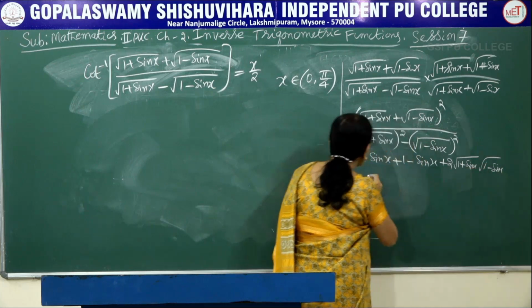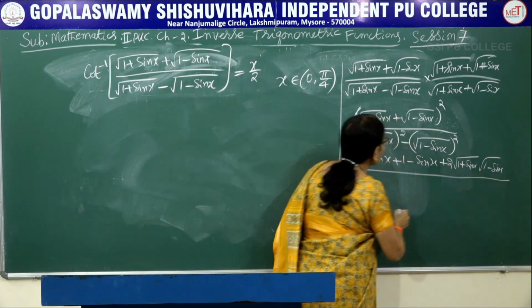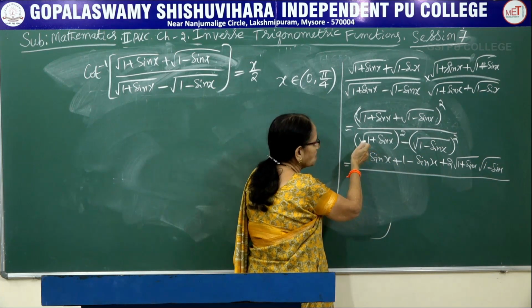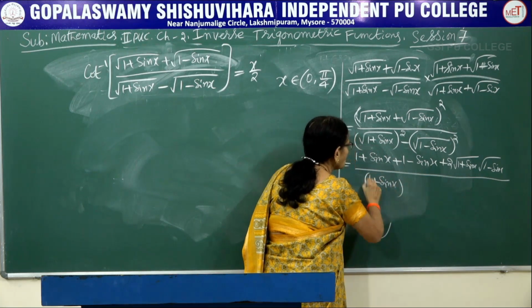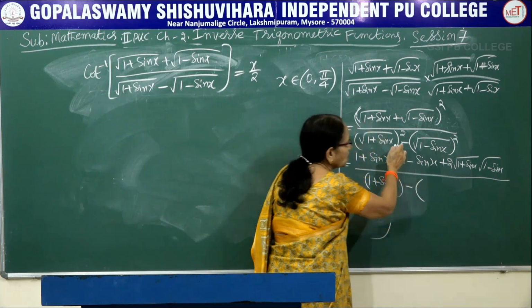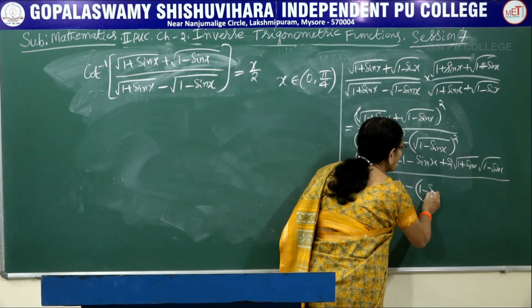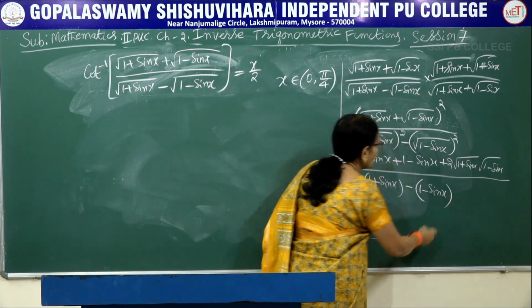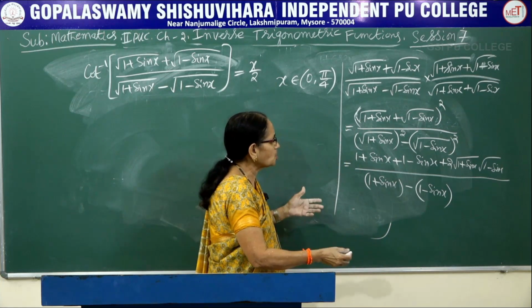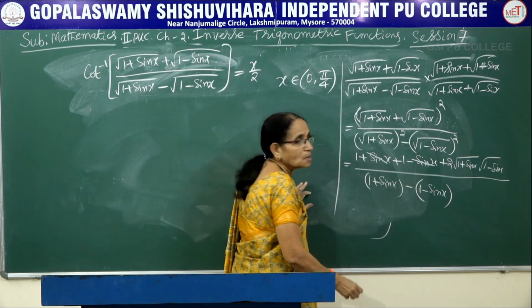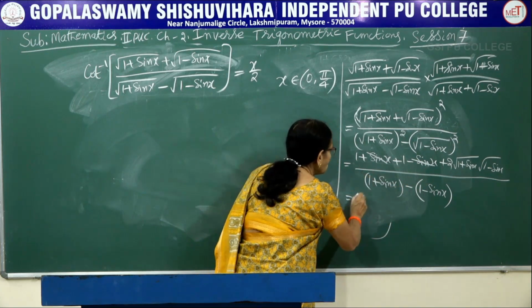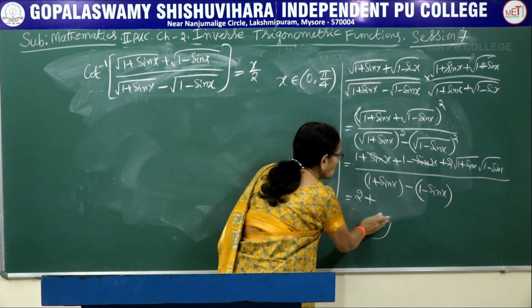Okay. Now denominator is, again taking root and squaring, it is 1 plus sin x. Now write inside the bracket, because we are having a minus sign, 1 minus sin x. Now let us, if possible, do cancellation. Plus sin x and minus sin x, they get cancelled. 1 plus 1, that would be equal to 2.